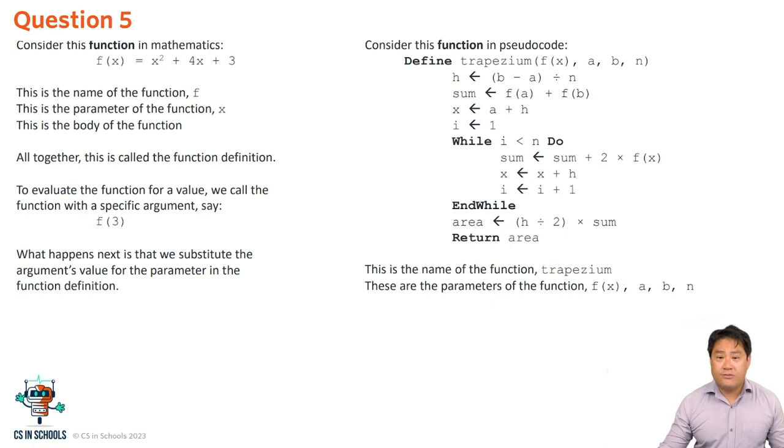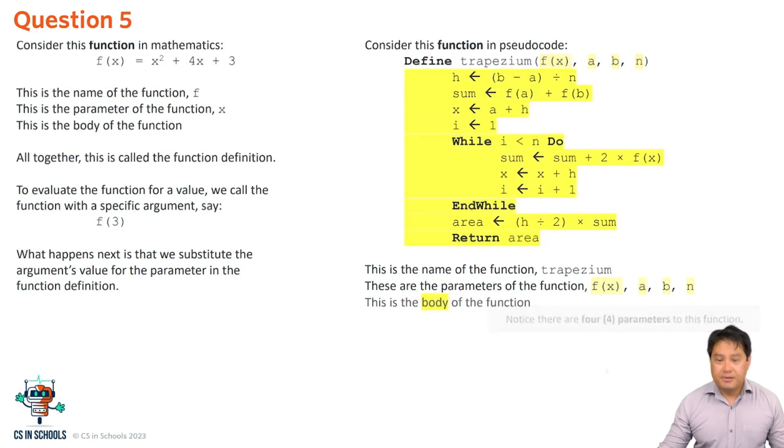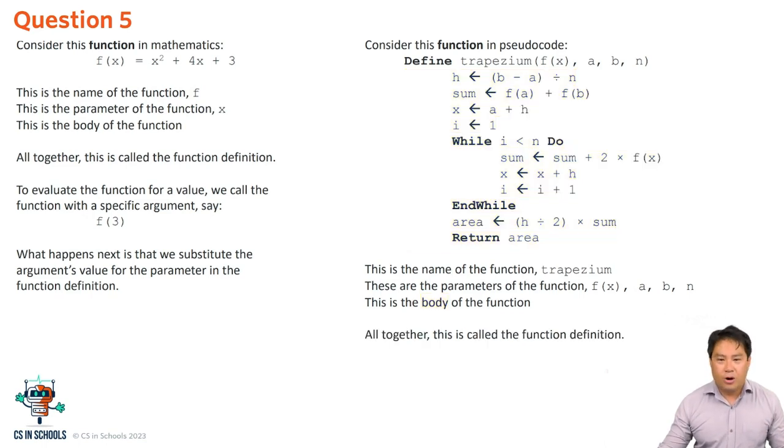In this case, we have 4 parameters: f of x, a, b, and n, separated by commas. The body of the function is a lot bigger than the x squared plus 4x plus 3 example we saw before. It involves many variables, assignments, and a loop, but it's still considered the body of the function. Altogether, the whole thing is called the function definition.